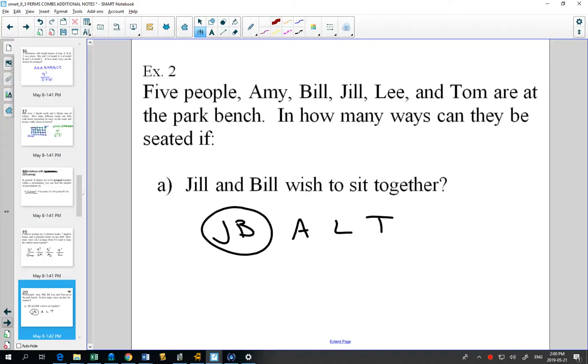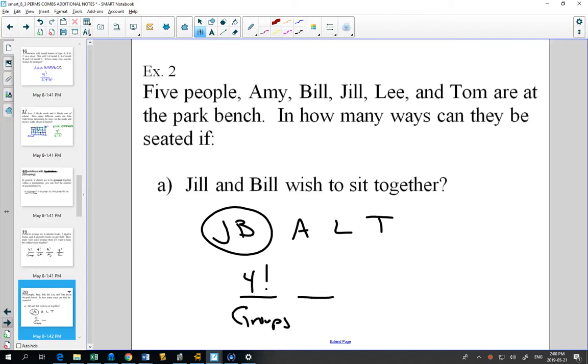Sometimes people think of this as 4 people, because now there's Amy, Lee, Tom, and Jill and Bill are never seen separated, so they're just now known as the Jill Bill. You count it as 4 people, or you can think of them as 4 groups. Either 4 people or 4 groups could be arranged in 4 factorial ways. But then we have to do the arrangements in the individual groups.